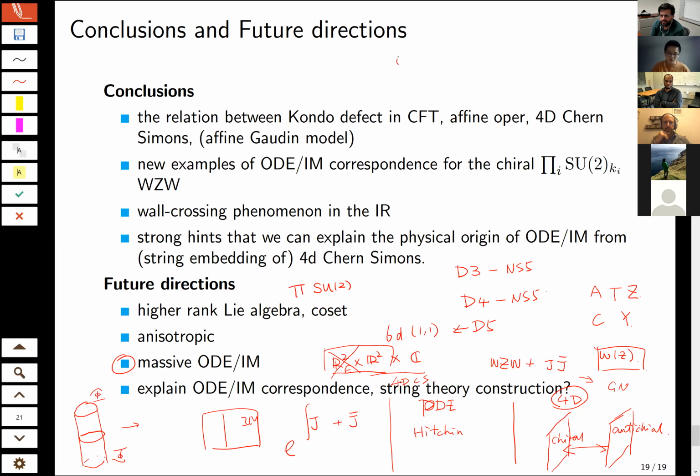If I give you an ODE, you can define a spectral determinant. What they found is that the spectral determinant happened to satisfy some functional relation, and that functional relation is exactly the same as what people found in the integrable system. So it's an experimental mathematics thing. Yeah.